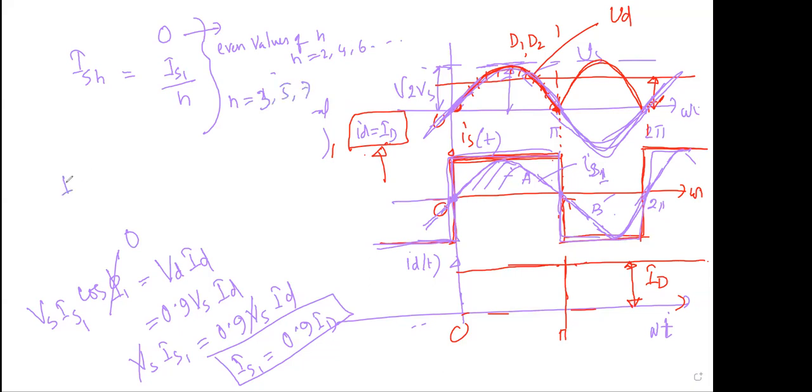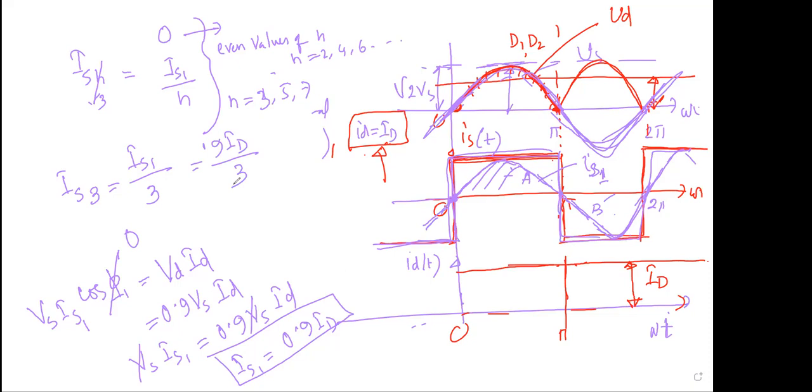You want to find out, say, H equal to 3. Put H equal to 3. Then IS3, the RMS value of the third harmonic component, will be IS1 divided by 3. What you have already got, IS1 equal to how much? 0.9 ID. 0.9 by 3. You understand it or not?